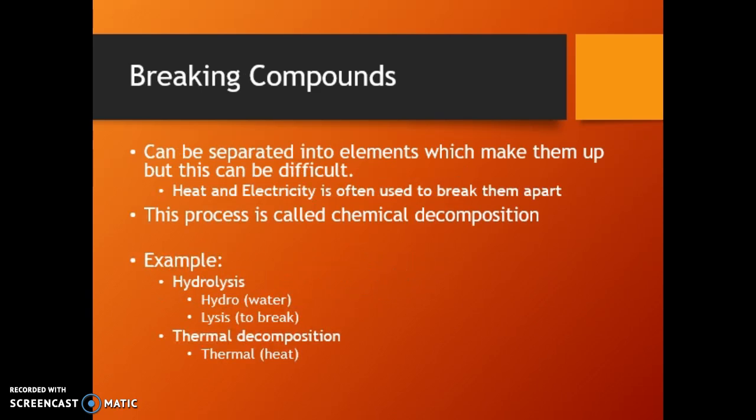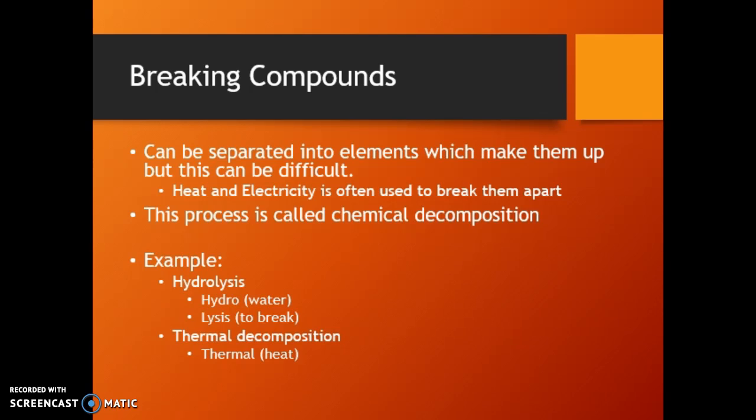You can break compounds down, and we're going to look at a couple of methods. To separate the compounds, you can break them down into the elements that make them up. Heat and electricity are what are often used. This process is called chemical decomposition. An example that I have here is hydrolysis and thermal decomposition.